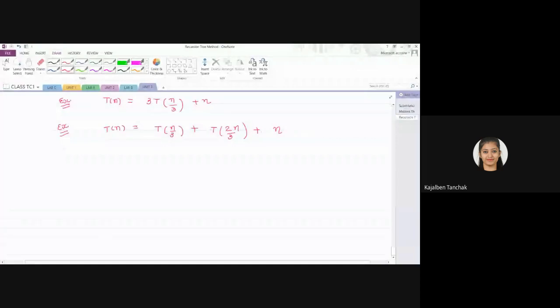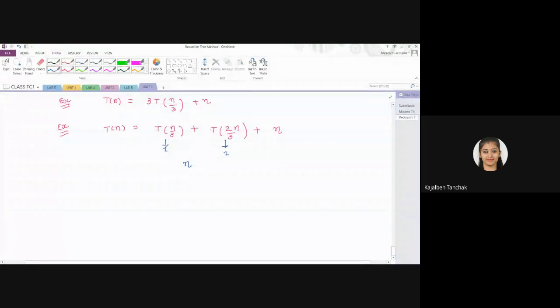This is the example. You have to solve it by yourself. I'll tell you one thing here: this is your root function. I'll give you a hint. Number of subproblems: this is one subproblem, this is another subproblem, right? But the size of the subproblem is different for both of these.